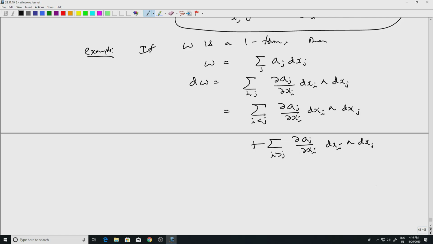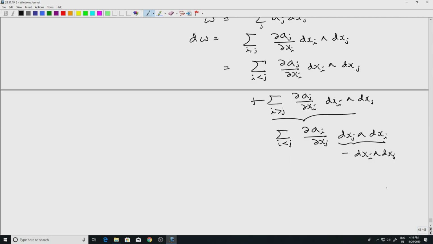Now the second thing, I'll just interchange the indices and write it as i less than j, del ai by del xj, dxj wedge dxi, and notice that this is the same as negative of dxi wedge dxj. Now I can combine these two terms, the first term and this term.